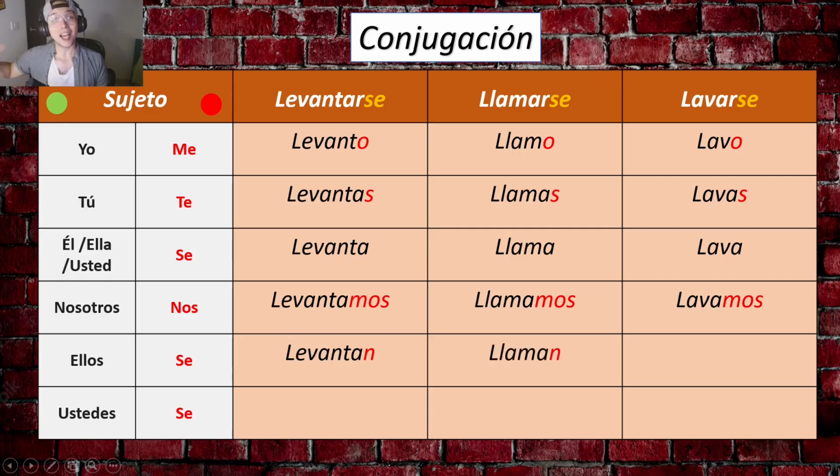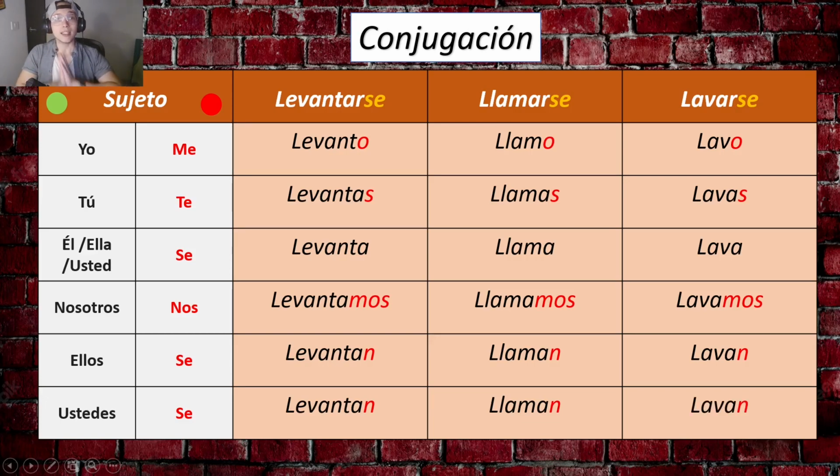Ellos se llaman. Ellos se lavan. And we know that the subject ellos and the subject ustedes work the same way. So we can say ustedes se levantan, ustedes se llaman, y ustedes se lavan.